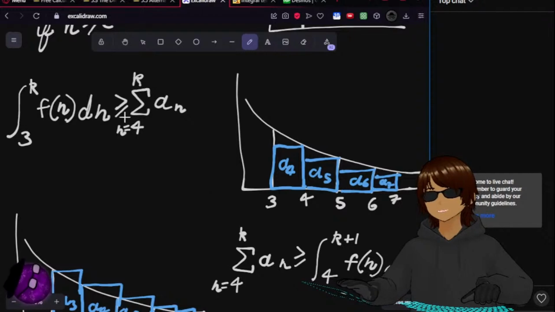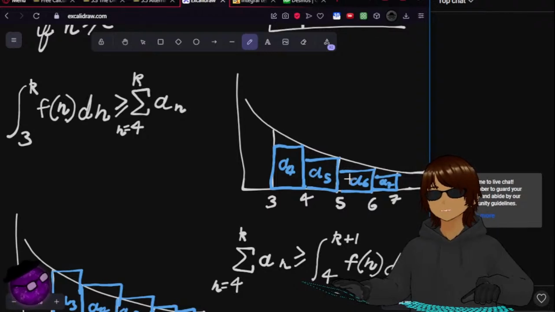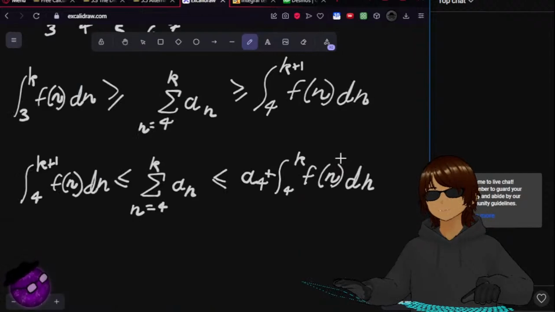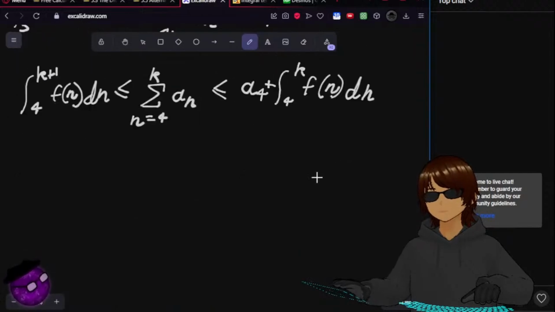So this is an underestimate of this area from 3 to 7, A4, A5, A6, A7. But we can add A4 separately and we can add A5, we can do the integral from 4 to k, then add A4 separately, which is what I'm doing here.